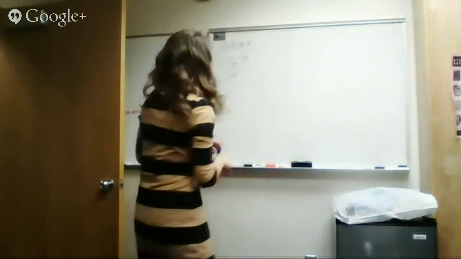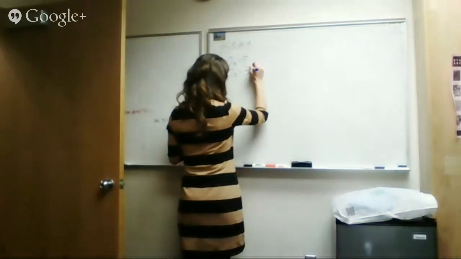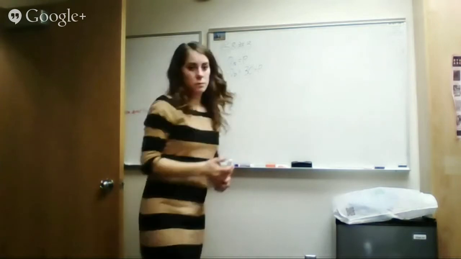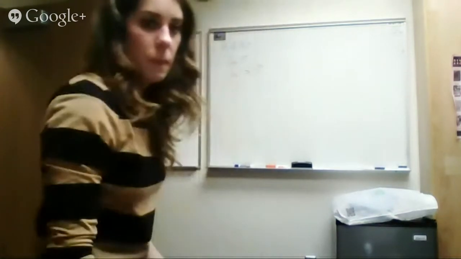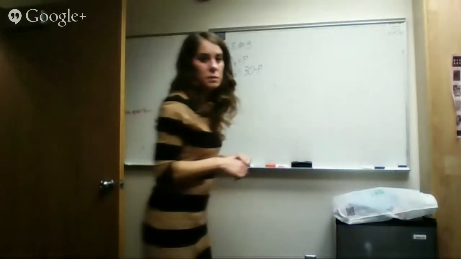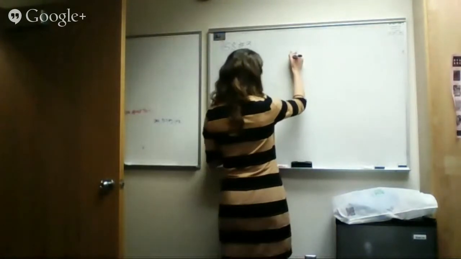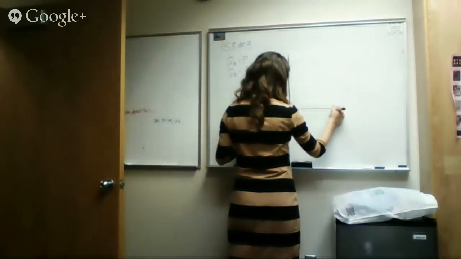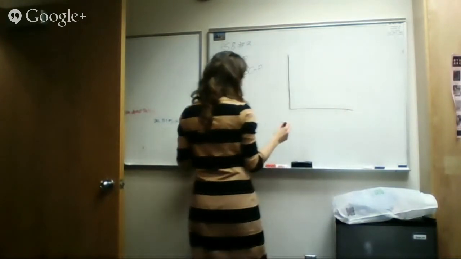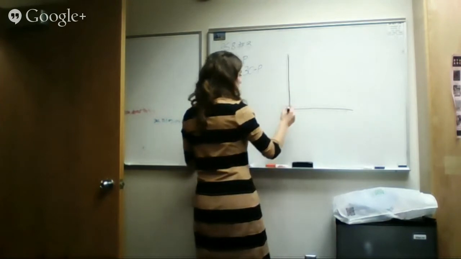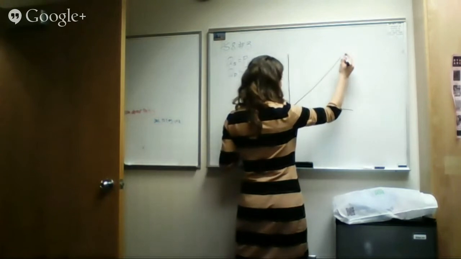Demand is 30. Graph demand, supply, and marginal revenue. Okay, so QS looks like this.